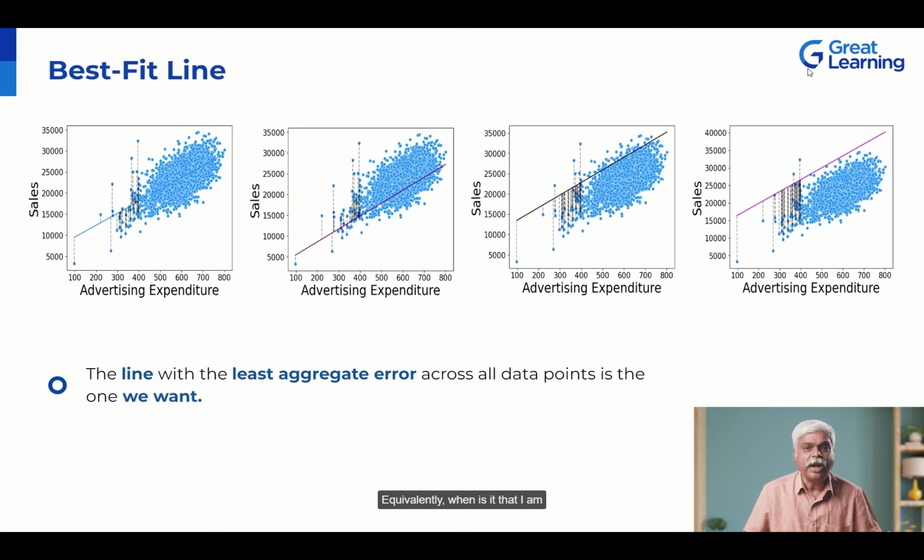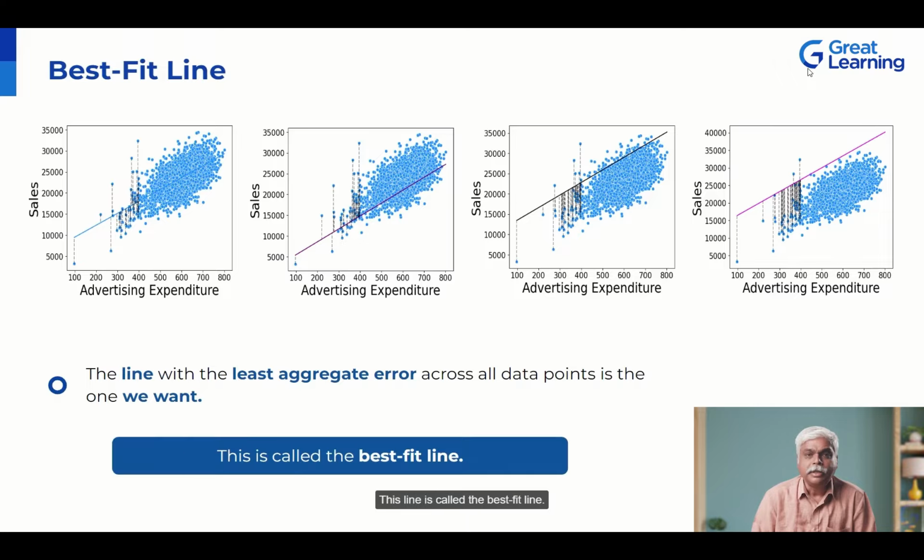Equivalently, when is it that I'm predicting sales the best, given advertising as a predictor? This line is called the best fit line. What we'll need to look at is how we can find this best fit line using criteria that make sense of this aggregate idea and give a clear definition of what it is that we are taking the least of.